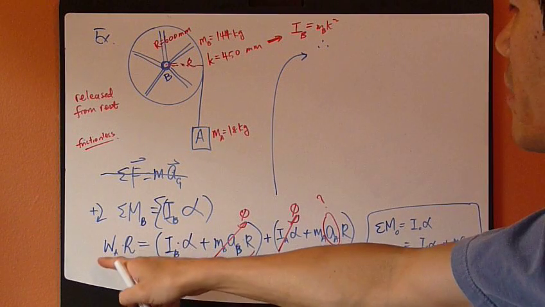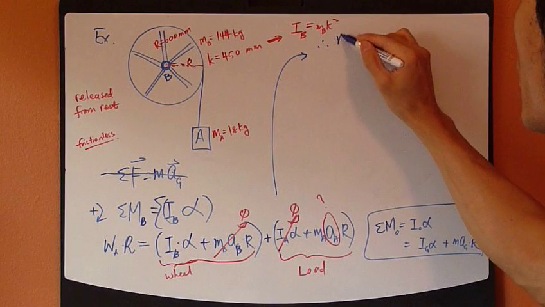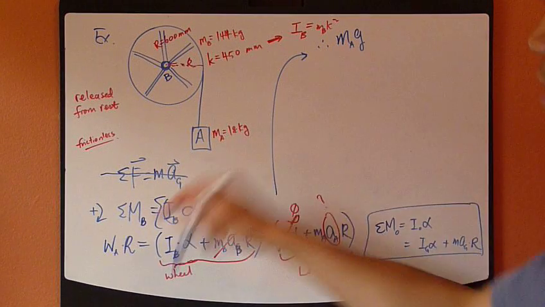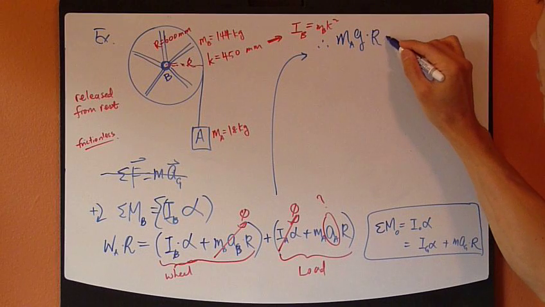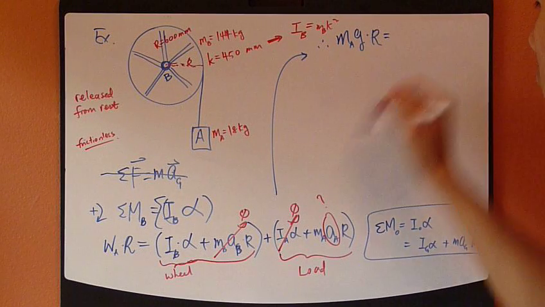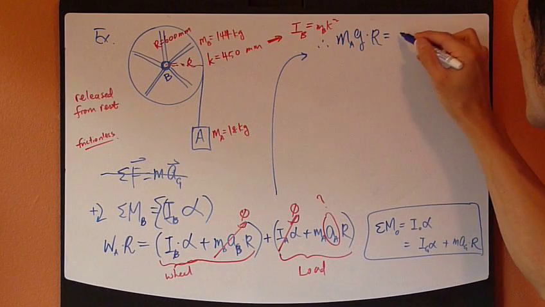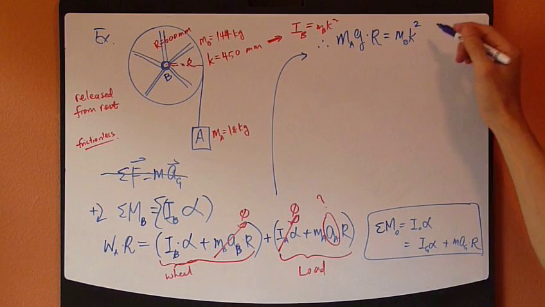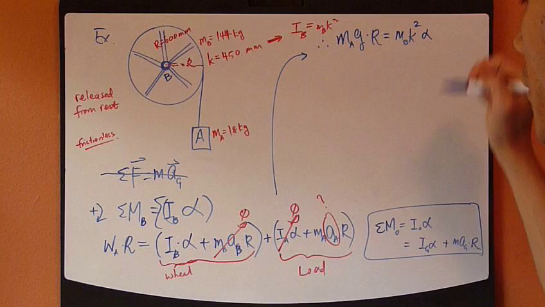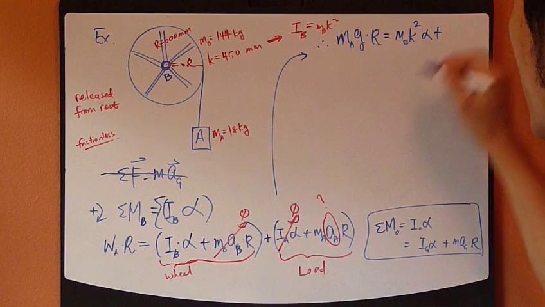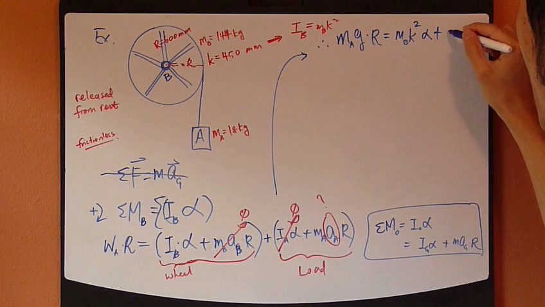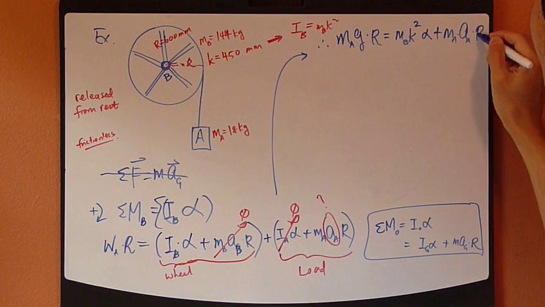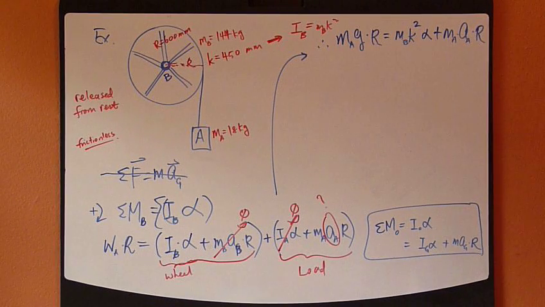On the left-hand side, we have the weight, m_A g, times R, equals I_B, which is m_B times the radius of gyration squared, times alpha, plus this other term, m_A times the unknown a_A times R. That's it.